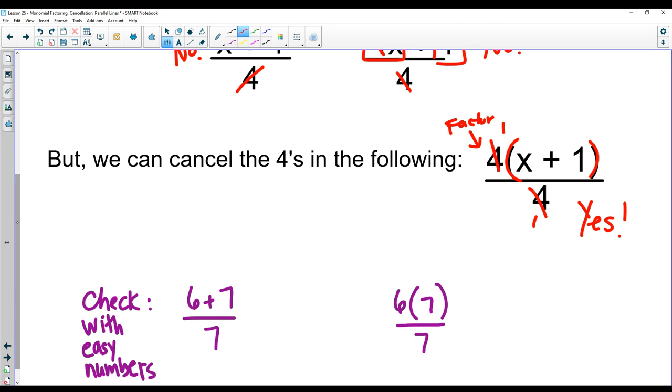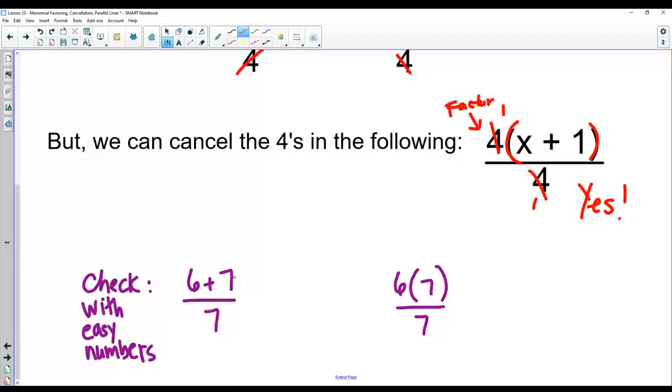If you forget the rules about canceling, you can check with easy numbers. So get rid of the x's and just think about numbers. Okay, so 6 plus 7 over 7 on the left, and then we'll multiply 6 times 7 over 7 on the right. So what is the real actual answer on this first one? 6 plus 7 is 13, and then over 7.